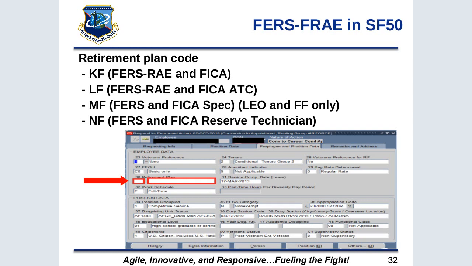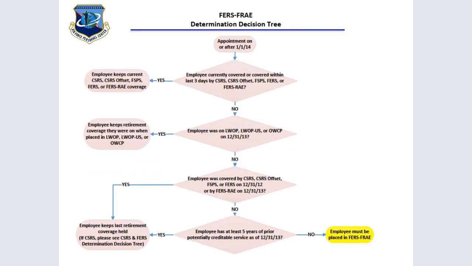Let's take a look at our decision tree. At the top in the middle, we have the appointment on or after 1 January 2014. Our next question: is the employee currently covered, or covered within the last 3 days, by CSRS Offset, FSPS, which is the Foreign Service Pension System, FERS or FERS-RAE?